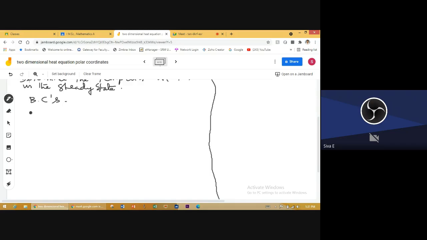Step 2 is applying boundary conditions 1 and 2. Don't simply write the boundary conditions; you have to note them down, write them once again. Already you have notes, na? Please write the boundary conditions again, and then apply boundary conditions 1 and 2.